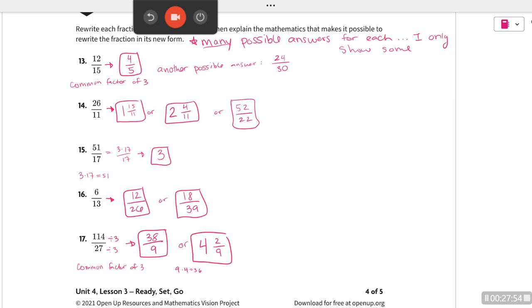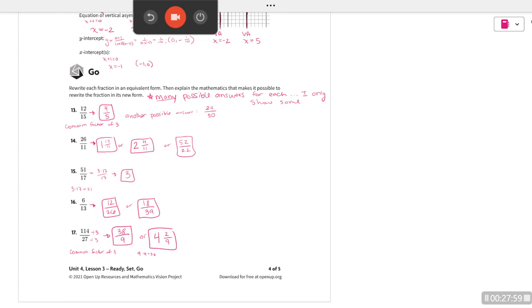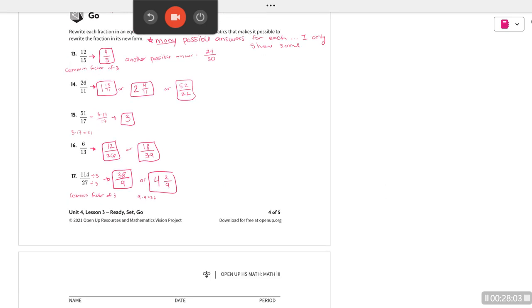So 38 divided by 9 is the same thing as 4 and 2 ninths. So those are 2 possible answers. Again, there are so many possibilities for these questions.